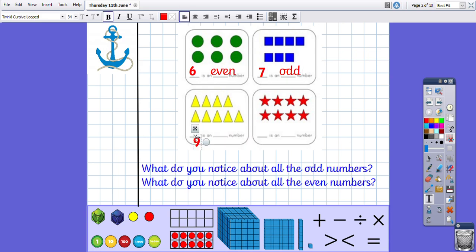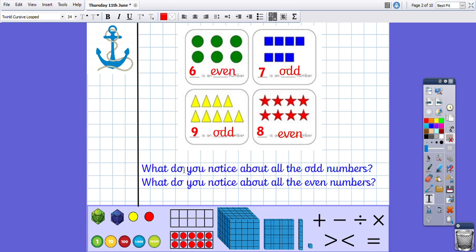So 9 is an odd number. And 8 is an even number. Okay, that's what your answer should be.